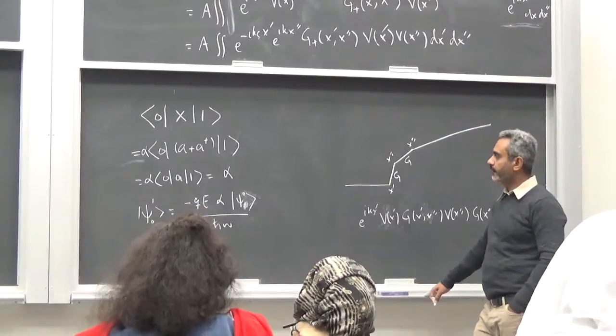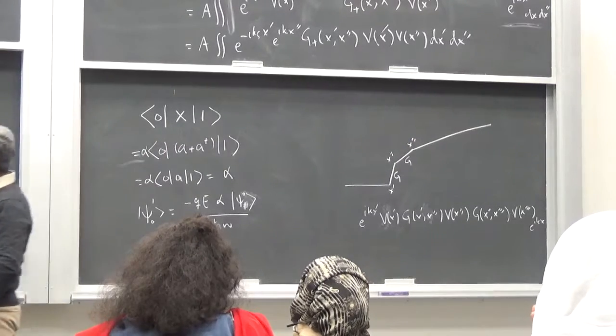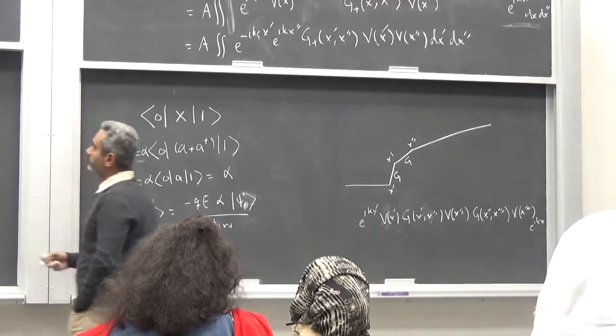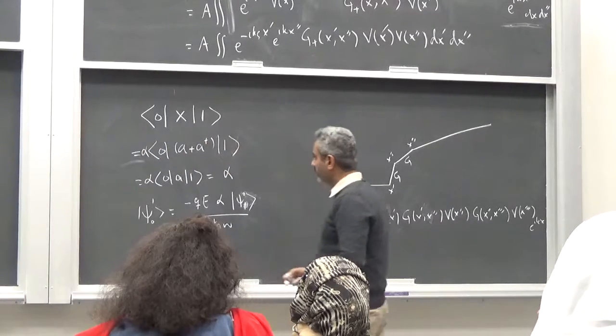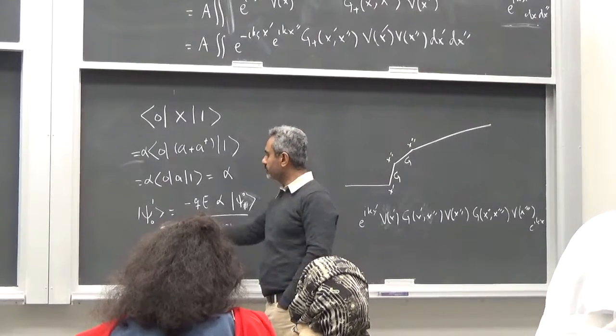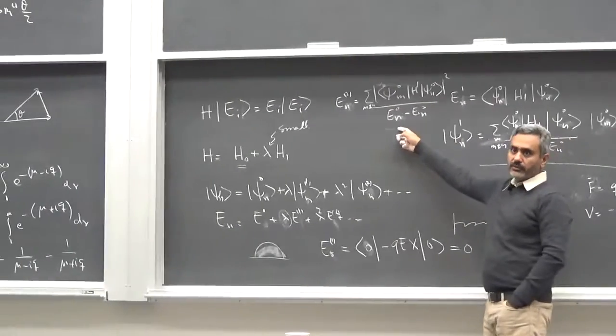Okay? And then you can go ahead and calculate. So the first order contribution is 0. That's because, but since the first order change to the state is not 0, then this will become not 0.